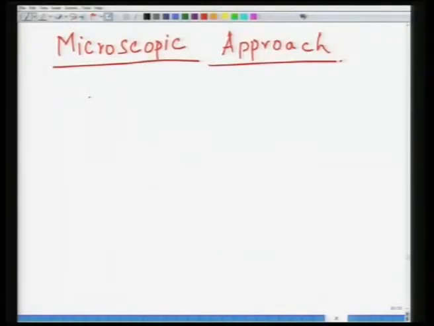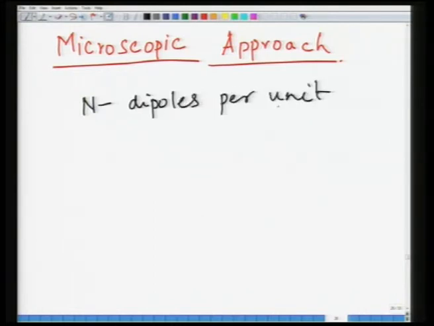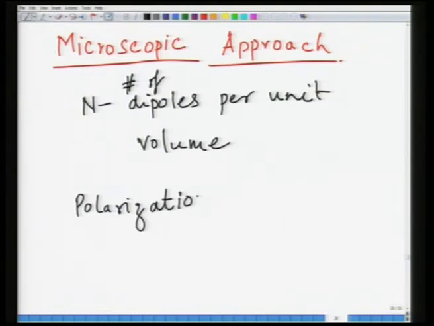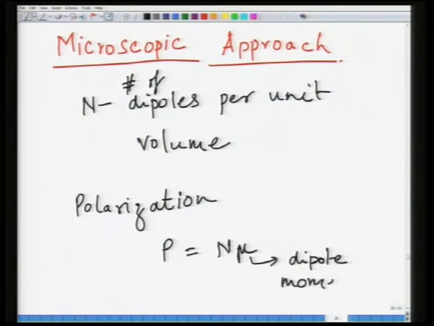For such a scenario, n is the number of dipoles per unit volume, then polarization P can be written as n mu, where mu is the dipole moment of each dipole.